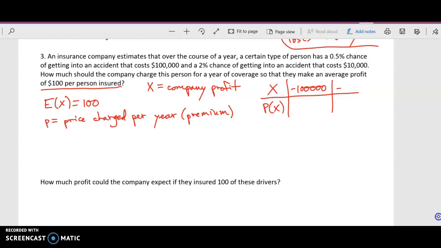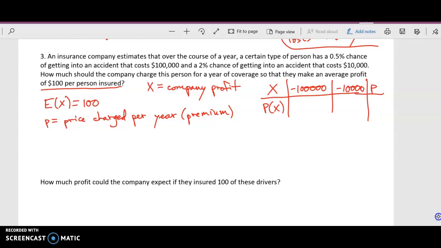We could lose $10,000. Or we could make P. So this is if they get into a terrible accident, this is if they get into a bad accident, and this is if they get no accidents, then it doesn't cost us anything at all. We're just earning their premium.